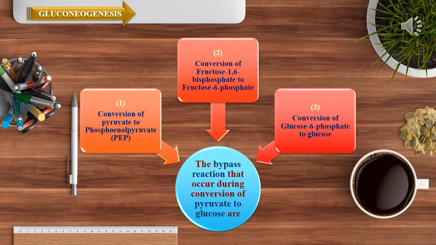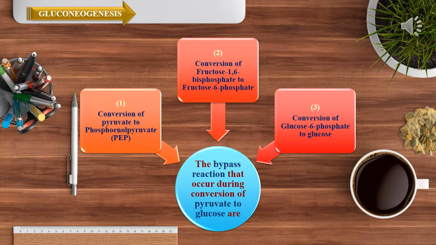Coming to the gluconeogenesis pathway, it has 3 bypass steps out of glycolysis. What are the 3 bypass reactions involved in gluconeogenesis to become a reversal pathway of glycolysis?